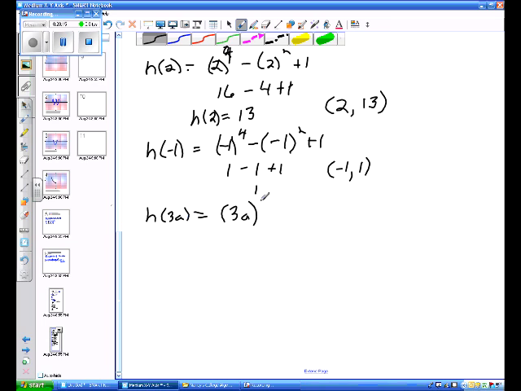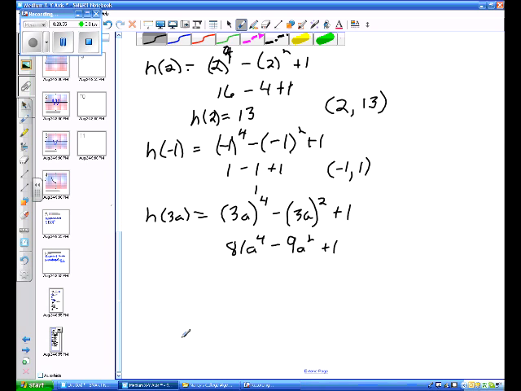We would have 3a to the fourth minus 3a squared plus 1, which would give us 81a to the fourth minus 9a squared plus 1. And so again, we have a different function there.